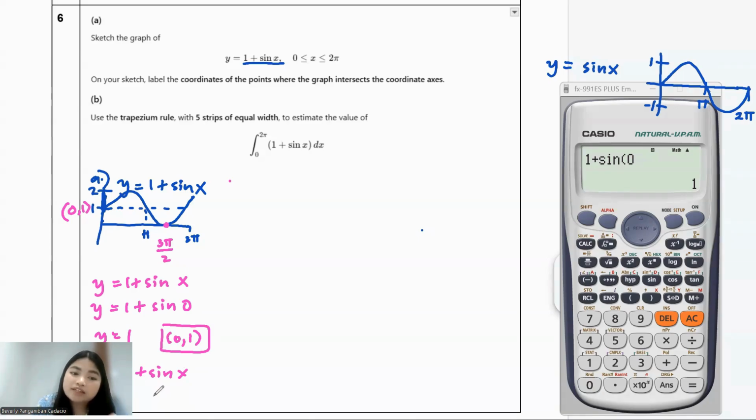-1, put it on the other side, so it becomes -1 equals sin x. And then for you to solve your sin x, you can do sine inverse of -1 there, because if you want to get that x beside whatever trigonometric function you have, you're just going to do sine inverse and put the -1 there.